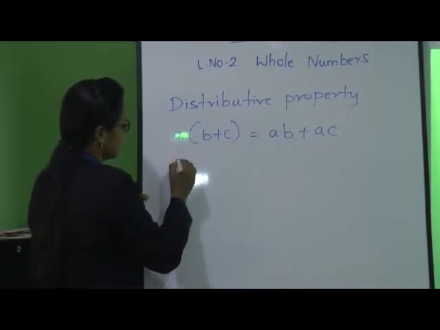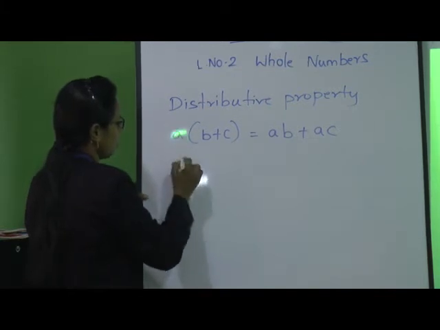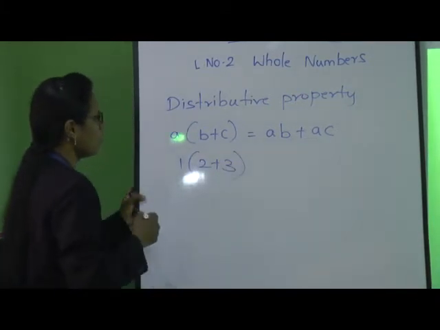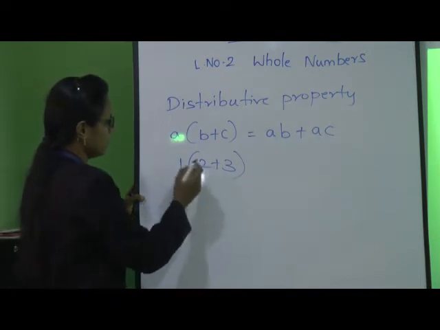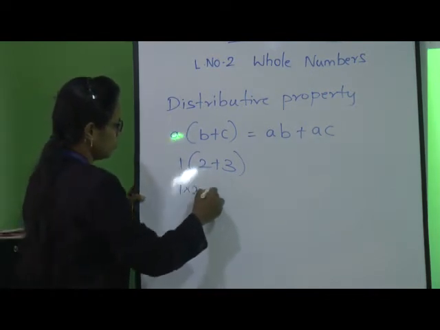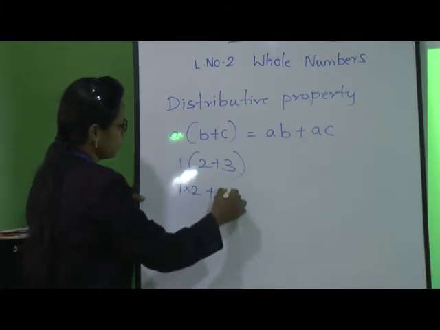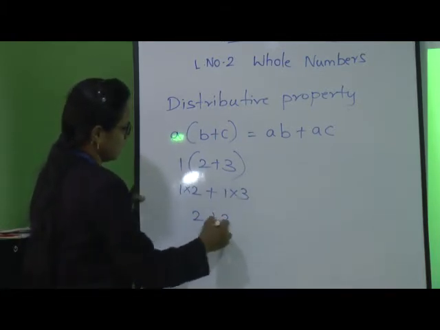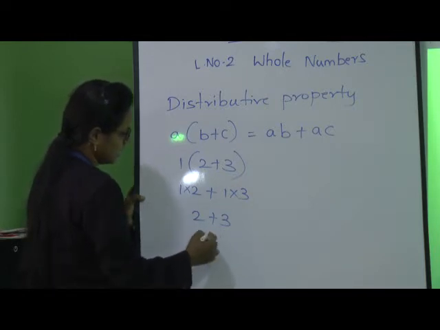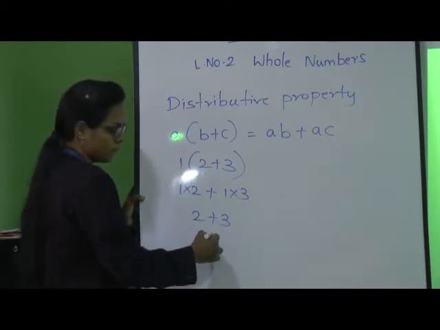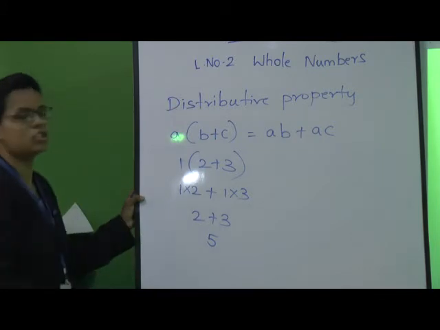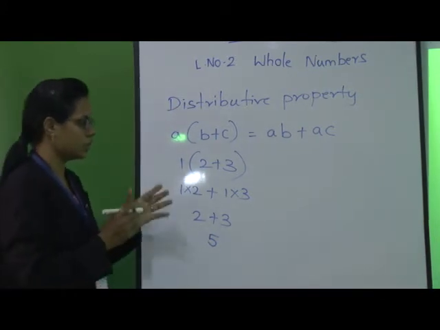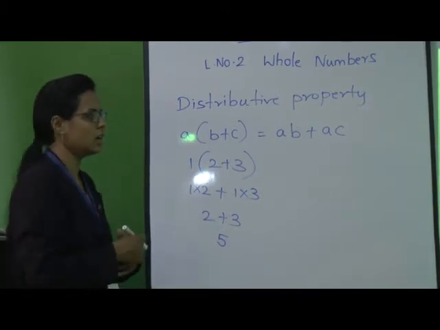Let us take 1, 2 plus 3. Now what we will do? 1 multiplied by 2. 1 into 2 plus 1 into 3. 1 into 2 is 2. 1 into 3 is 3. Okay. 2 plus 3 is 5. So in this way we solve the property, which is the distributive property.